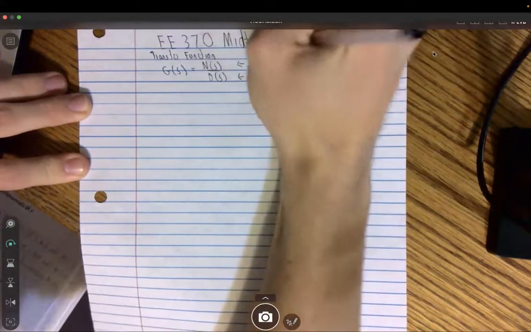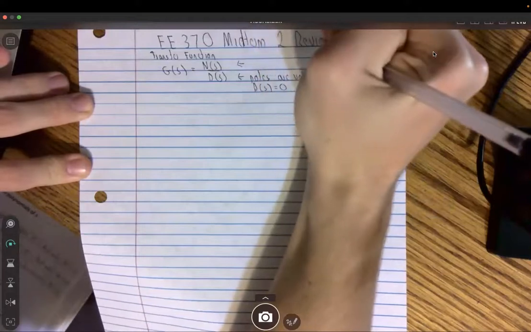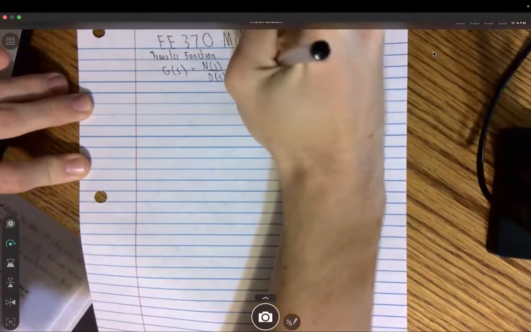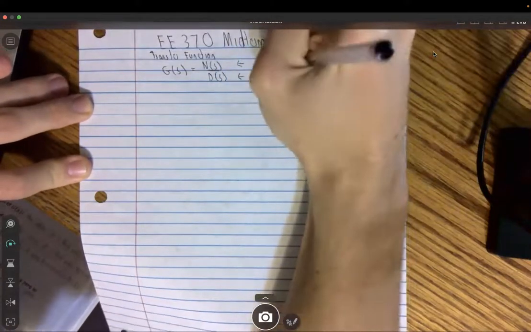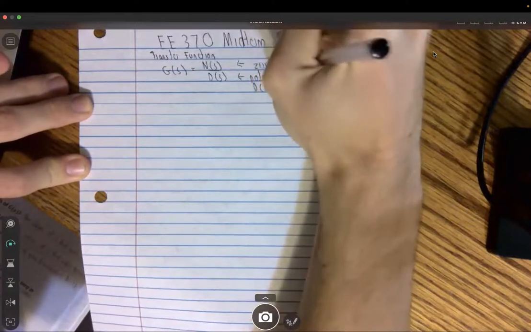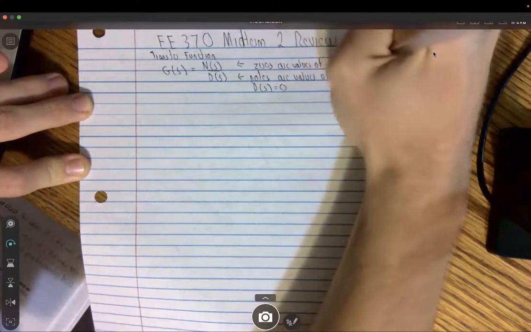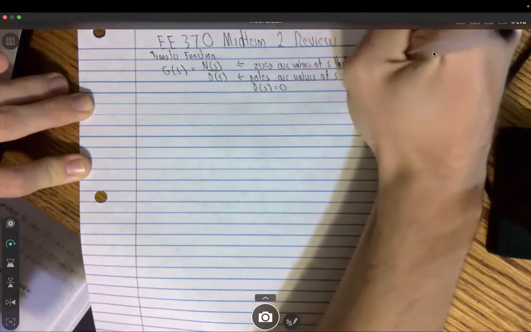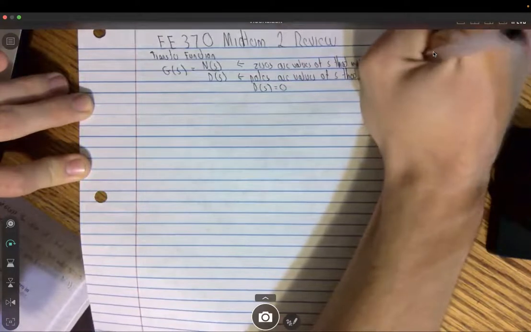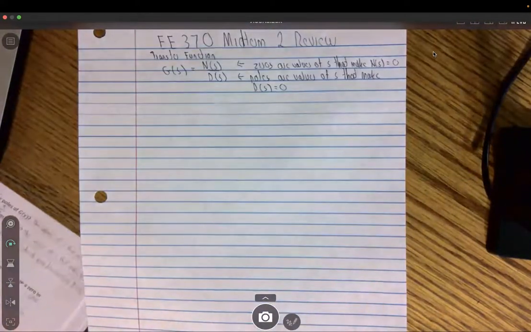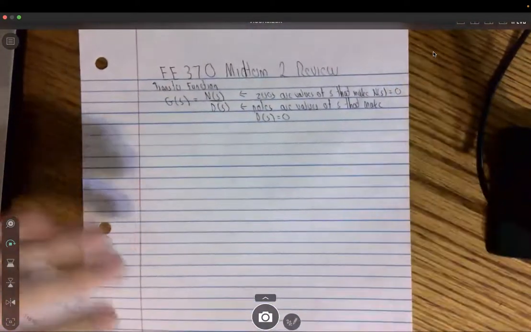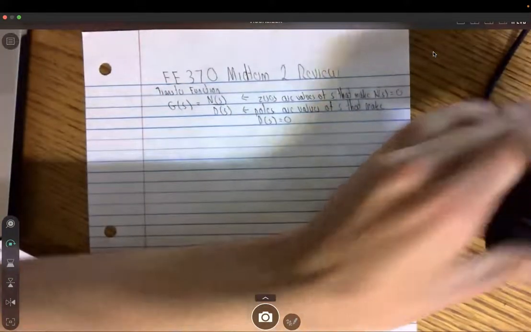And in the numerator here, these are the zeros, and so are the values of s that make N of s equal 0.